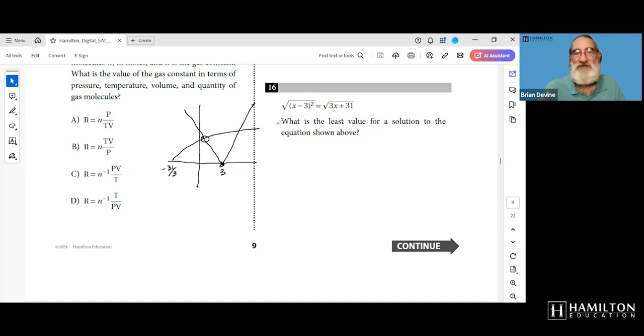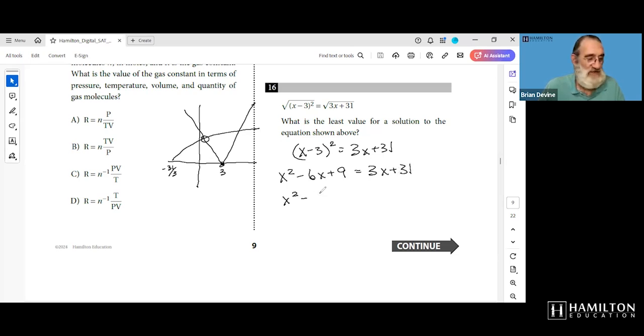Now, I could also do this. I could square both sides of the equation, and I'm going to get x minus 3 squared would equal 3x plus 31. So x squared minus 6x plus 9, foiling that out, would equal 3x plus 31, which would give me x squared minus 9x minus 22 would be 0. And that's pretty easily factored into x plus 2, x minus 11.